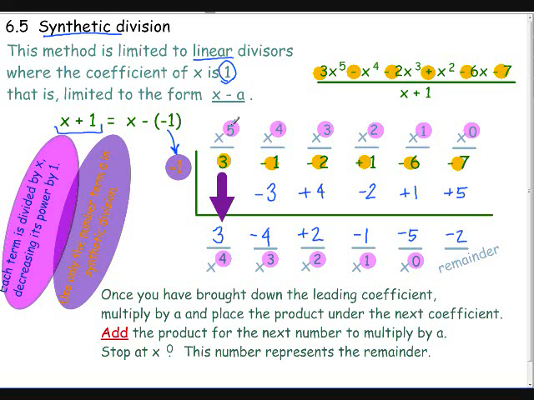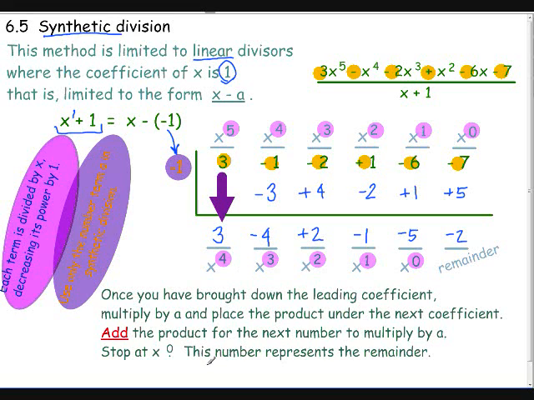Now, I had x to the 5th in this column, but when I went down here, I dropped one power of x. Why is that? Because I just divided everything by x to the 1st power. So your powers drop by 1.